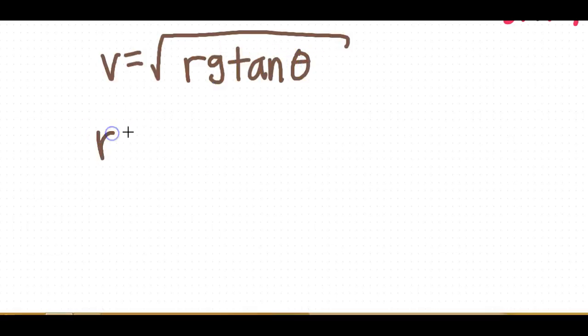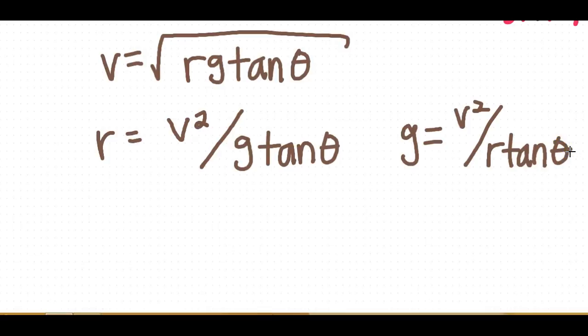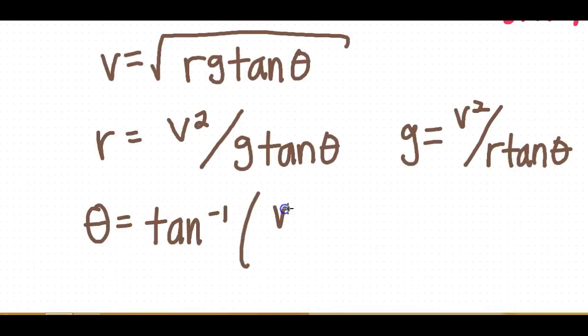R is equal to velocity squared divided by G tan theta. And G is equal to velocity squared divided by R tan theta. There isn't really a situation where you need that. And the last one, theta, is equal to the tan inverse of V squared divided by RG.